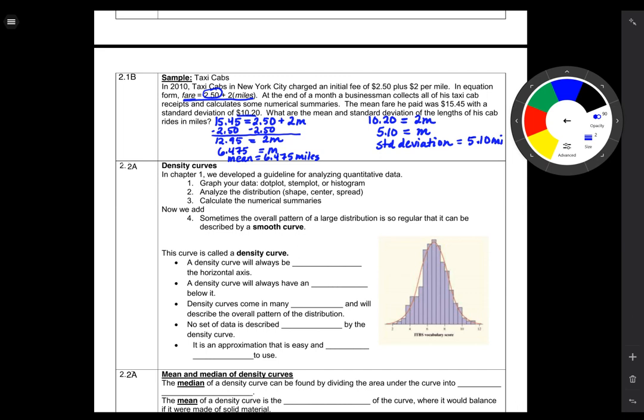So we don't subtract the $2.50 because subtracting a constant from each observation doesn't change the spread. So we might want to write that down somewhere.